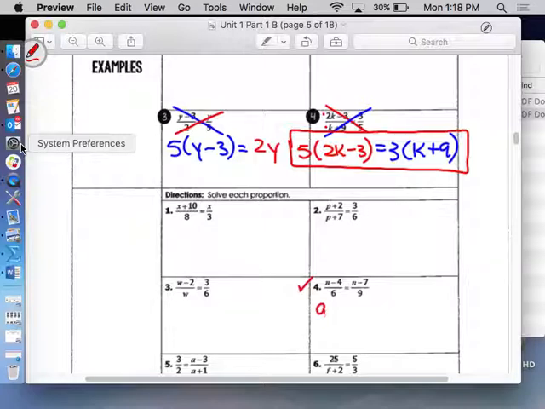First I'm going to have 9 times n minus 4. That would be my extremes. And then my means, 6 times n minus 7. Now you have a simple algebraic equation with variables on both sides. Your first step is to apply the distributive property and then gather like terms on your way to solving.